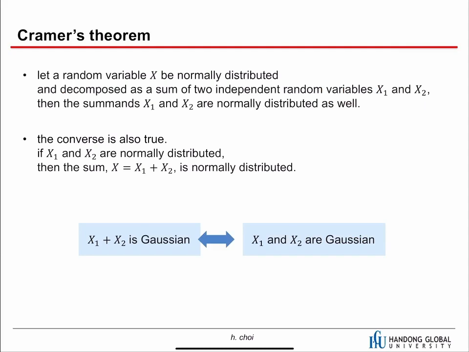Okay, so let me just note that if x1 plus x2 is Gaussian, then x1 and x2 are Gaussian too, and vice versa. I think this is a little beyond what is necessary, but if you're interested in machine learning and want to go deeper, then you can study this by yourself.